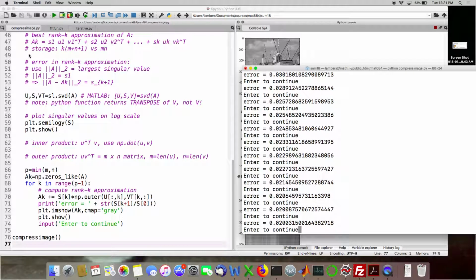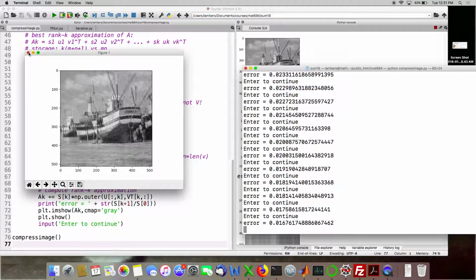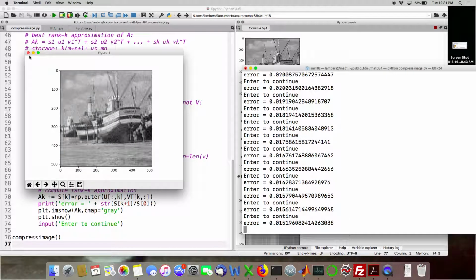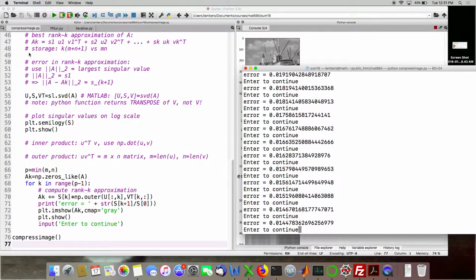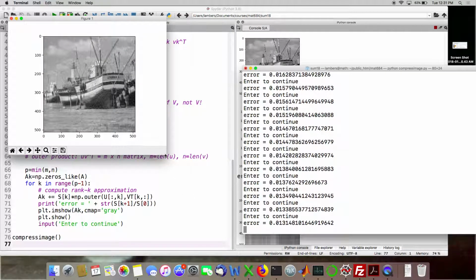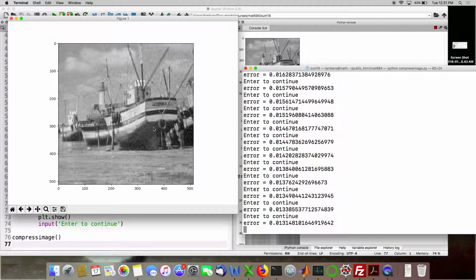Okay, we're at around 2% error. What I probably should have had my loop do is also print out K as we go. But we see that we're doing much better in terms of being able to recognize details of the image.